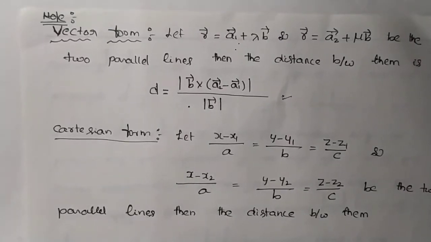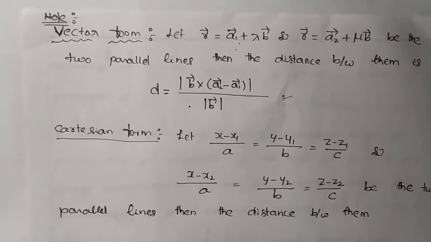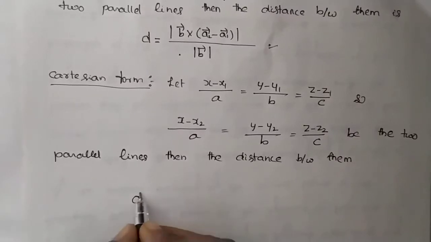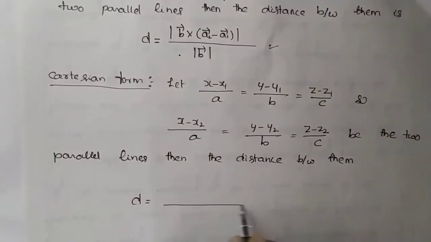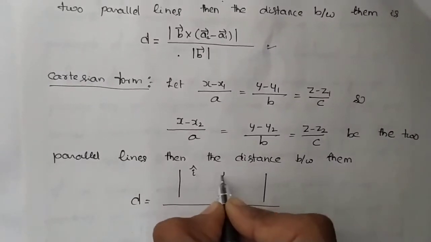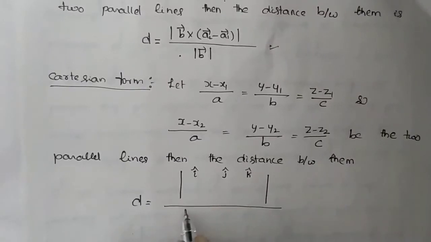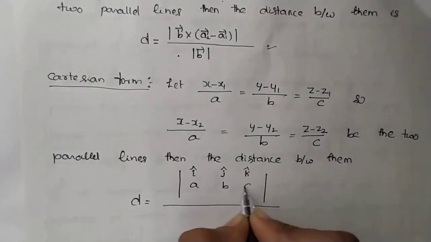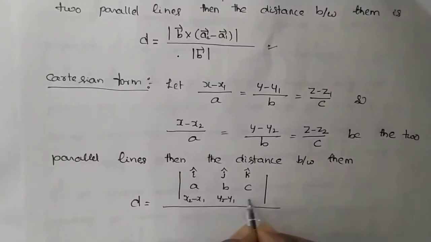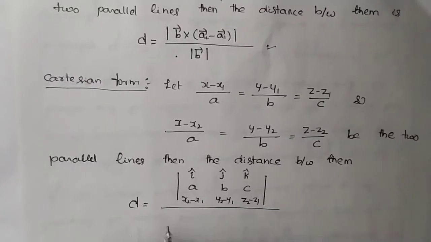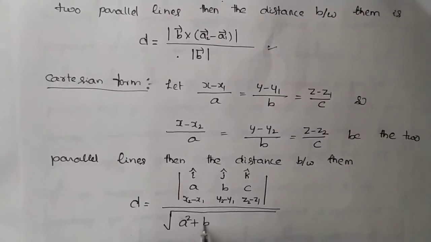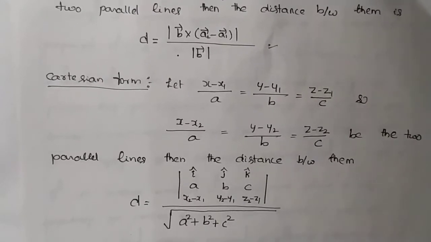You just recall the previous derivation. D equals determinant of i cap, j cap, k cap, next a, b, c, x2 minus x1, y2 minus y1, z2 minus z1, divided by square root of a square plus b square plus c square.